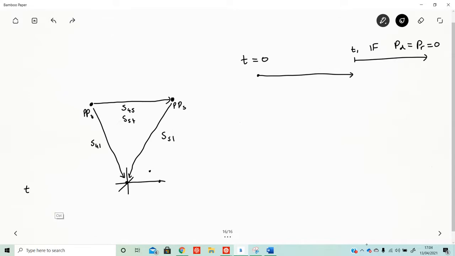So the way to do that is to define T2 to be equal to T1 plus S45. That's basically the time it takes for all the information that is on the interaction edge between point particle 4 and point particle 5 to pass to point particle 4.